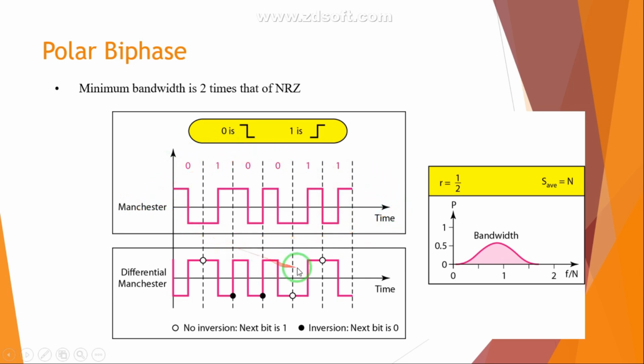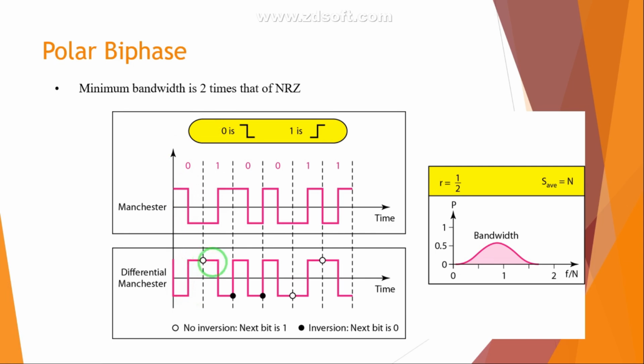Now moving towards the differential Manchester. As we told, there is no inversion if the next bit is 1, and if the next bit is 0 then there is an inversion. Since we are assuming that initially the voltage was positive, when the next bit comes, a 0, it makes a transition from positive to negative.